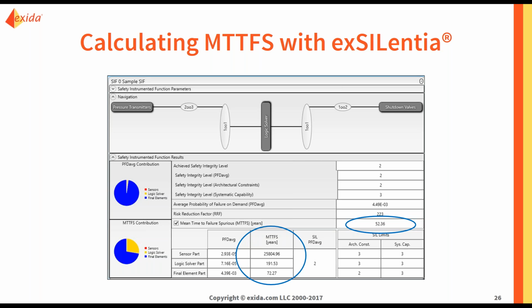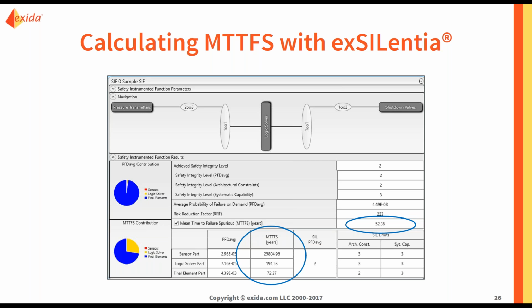exSILentia will output the MTTFS for the sensor group, the logic solver group, and the final element group. And then it will also output the complete SIF MTTFS. In this case, that is 52.36 years. So again, to keep this in context, if you have 52 of these SIFs completely independent, you might have 1 failure per year.